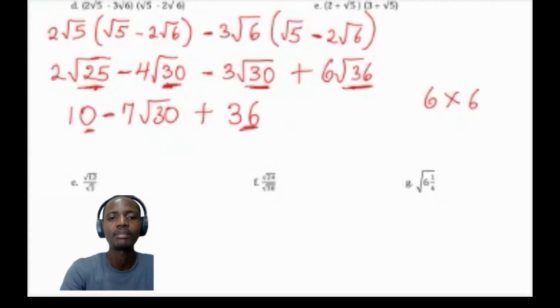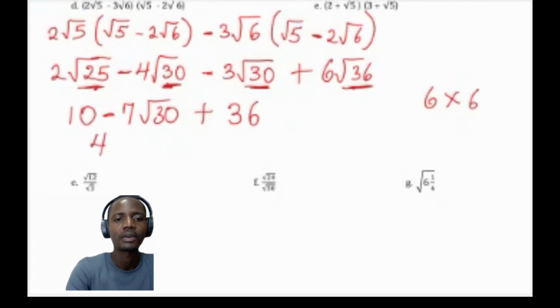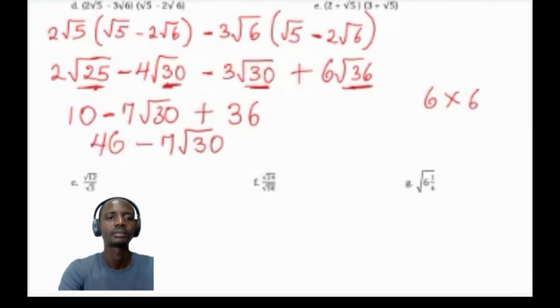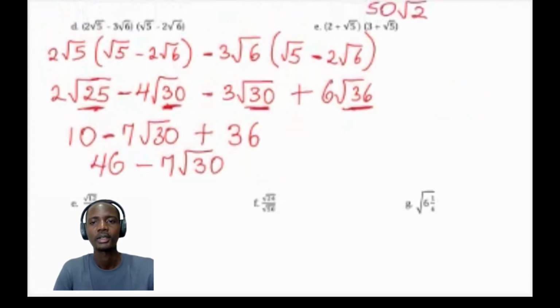So I can say that 10 plus 36 gives 46. So I can have it as 46 minus 7 root 30. Okay? I hope this is clear enough.